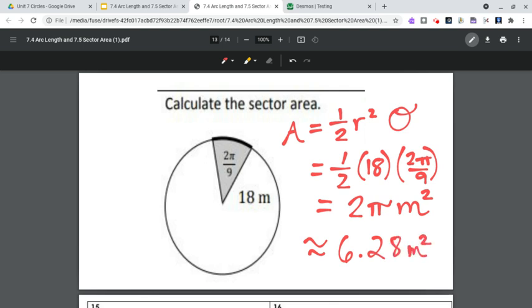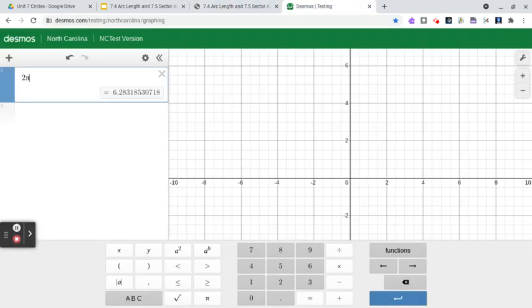Again, if that first part was confusing, all I did was do 1/2 times 18 times 2/9. And I got 2.